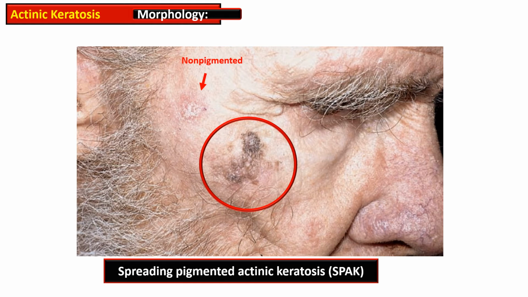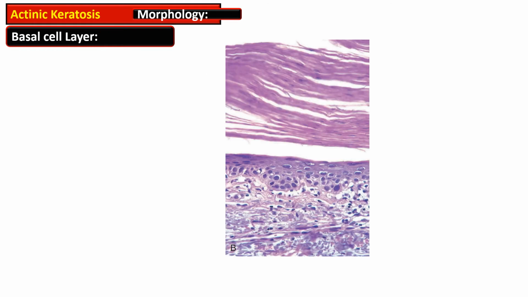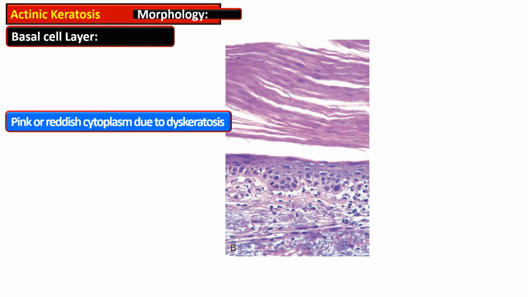So in this picture there is another non-pigmented actinic keratosis in the preauricular area. The basal cell layers show cytologic atypia, and this atypia may accompany hyperplasia or atrophy that is associated with epidermal thinning. The atypical basal cells display pink or reddish cytoplasm due to this keratosis.